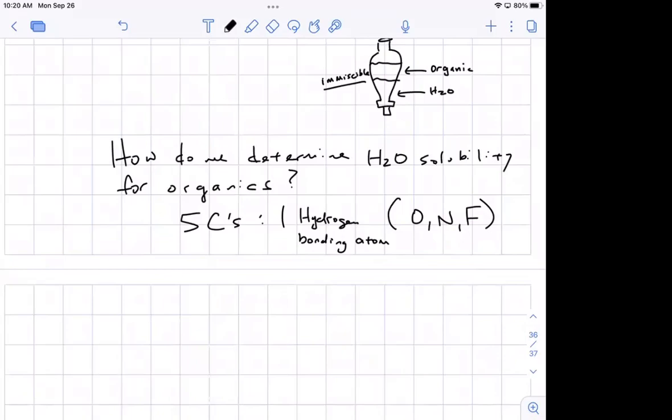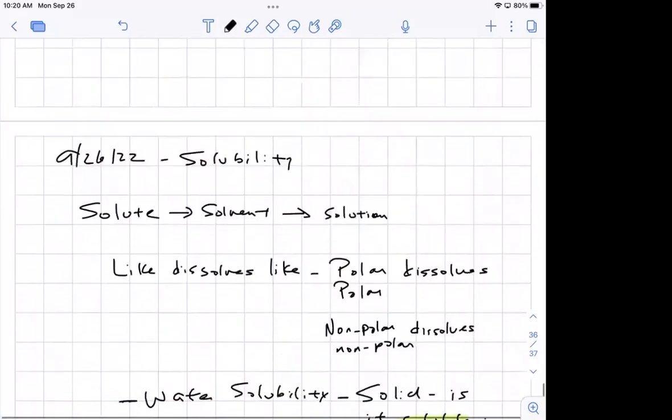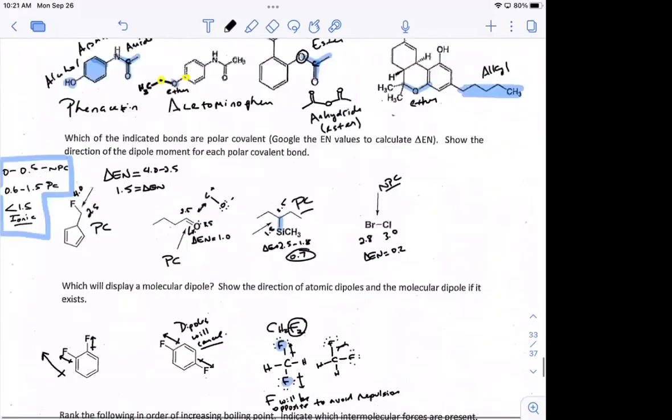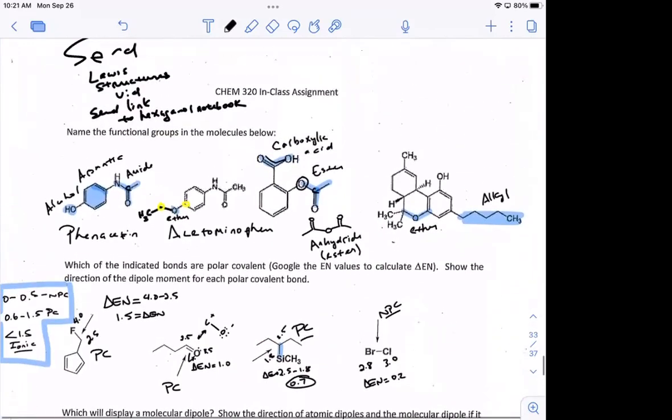Right? So let's do this. Let me go back up top and grab some of these examples. We'll work this idea off of here. Let's grab this.